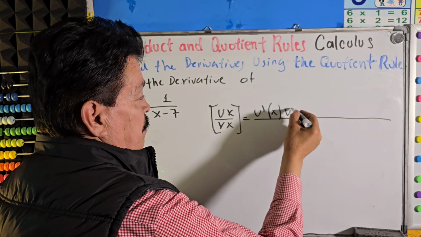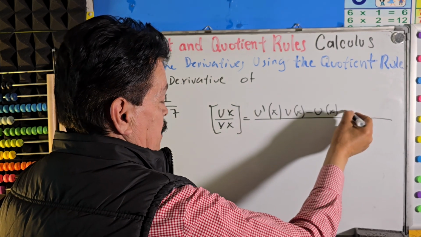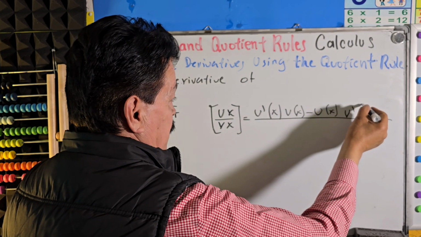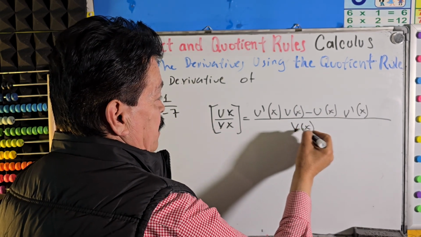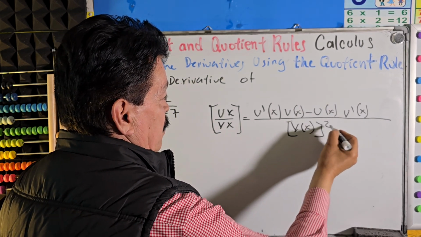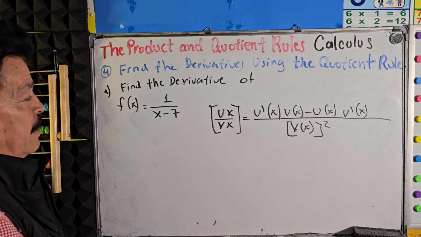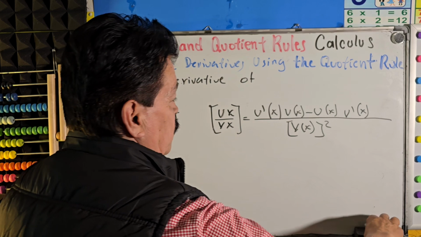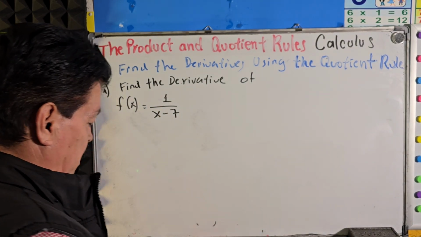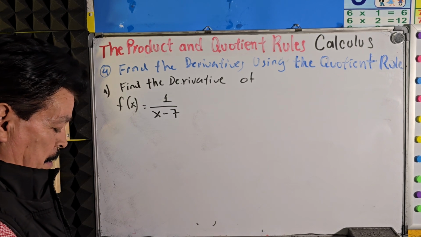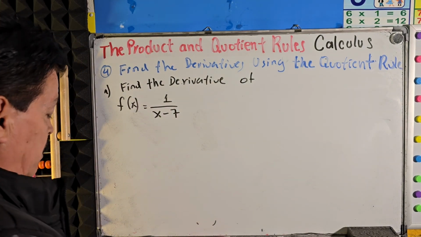So here, v of x times u prime of x minus u of x times v prime of x, all over v of x to the second power. All right. So that's the rule, the property that we have to remember in our problem. Let's try to solve this problem.